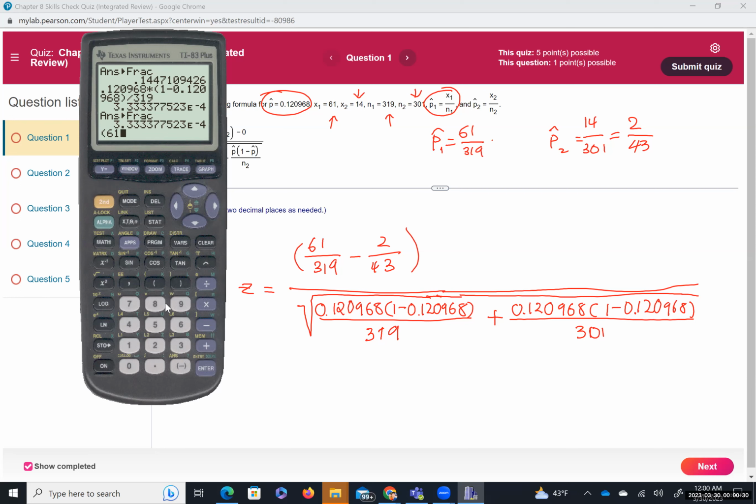It's going to be 61 divided by 319, and then a minus 2 divided by 43. Close that, right? And then I divide by a square root, right? Okay, square root of everything here. So I have to watch out.